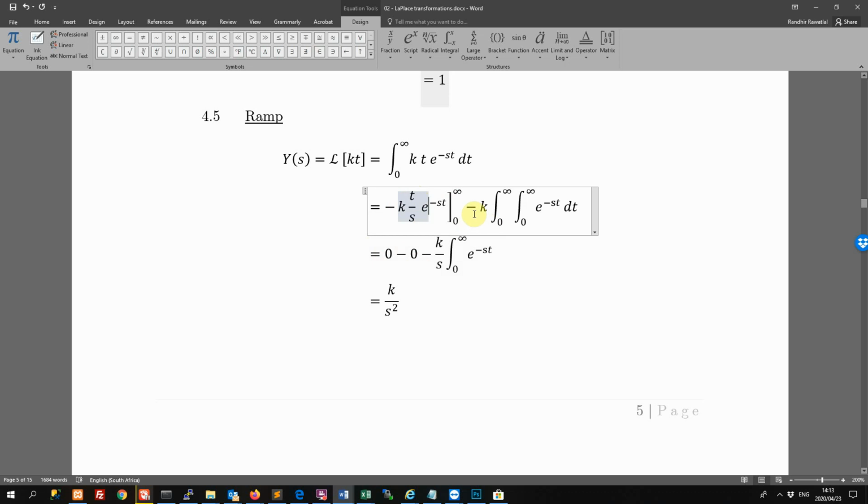And then from here, there's still a bit of work to do. Here we can integrate this part. We can say this is minus 1 over s times the constant. And I see here that this should be a plus now, and then that's the result of this inner integration, and then we still have to integrate that one more time, and again it's going to be minus 1 over s times that.